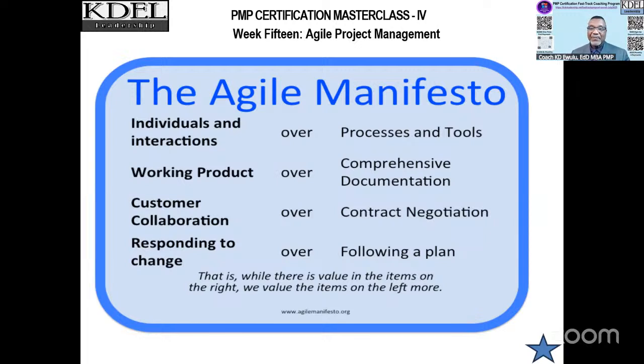So even though there is a lot of value in the items on the right-hand side, the Agile Manifesto values the items on the left-hand side more. So they talk about individuals and interactions, working product, customer collaboration, and responding to change.